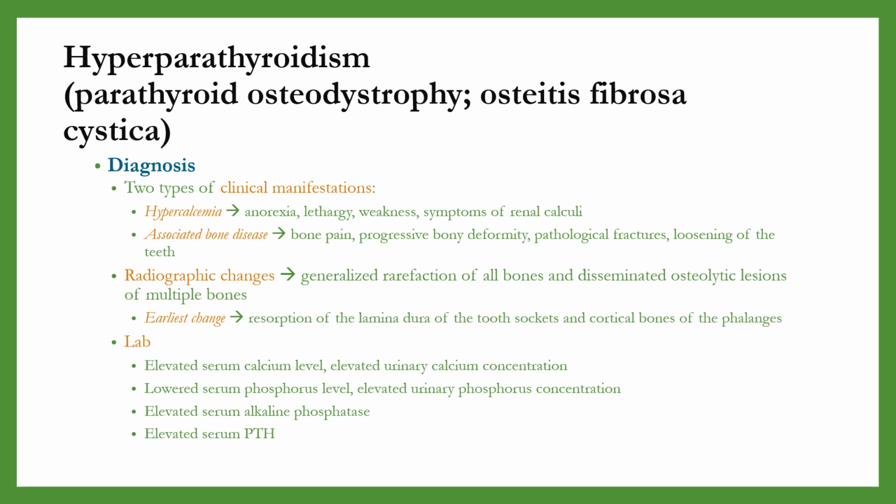For radiographic changes, there is generalized rarefaction of all bones and disseminated osteolytic lesions of multiple bones. The earliest change involves resorption of the lamina dura of the tooth sockets and cortical bones of the phalanges.